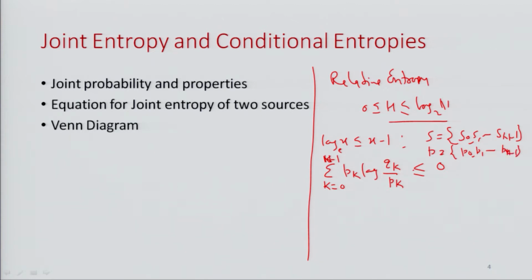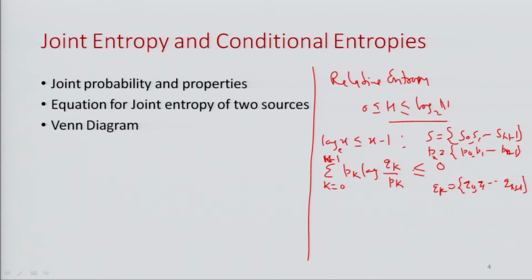And q k was q naught, q 1 up to q n minus 1, which is another probability distribution of the same source. Suppose this is the probability distribution taken at a time. Suppose the same source has another distribution, with probabilities q naught, q 1, q 2 up to q n minus 1. In that proof, we took this as an equiprobable case. Then we proved that H is always less than or equal to log n base 2.